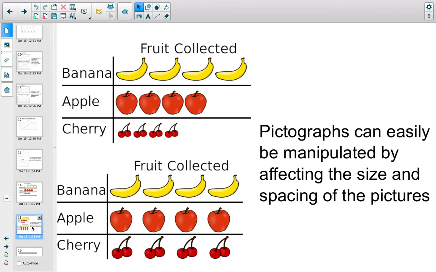Pictographs can be easily manipulated by affecting the size and spacing of the pictures. You can group up the pictures together to make it look like it doesn't go as far, right? Doesn't make it look like it goes as long as the other one. But if you evenly space them out and make the size equal, you can see that they're all the same.